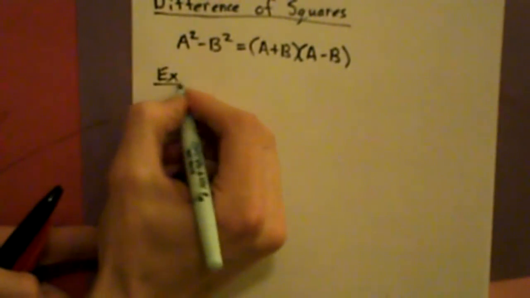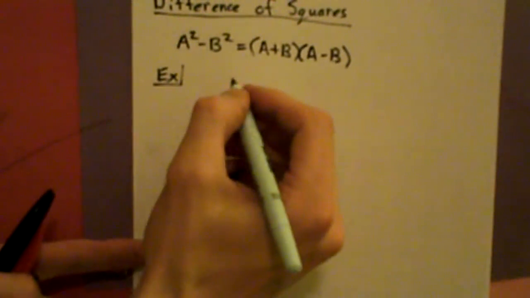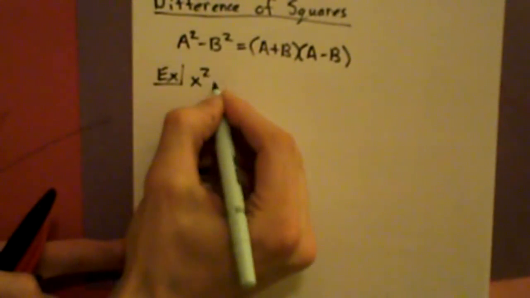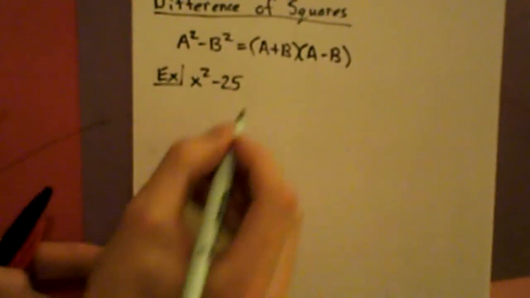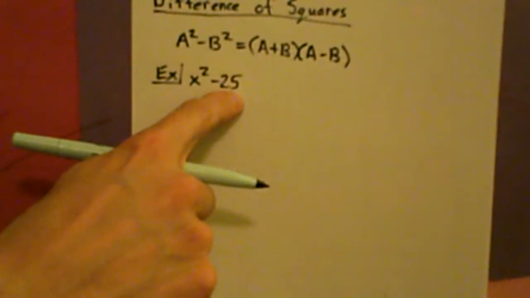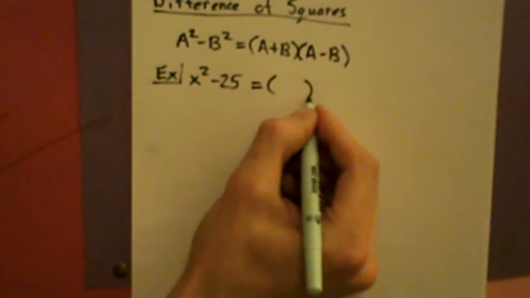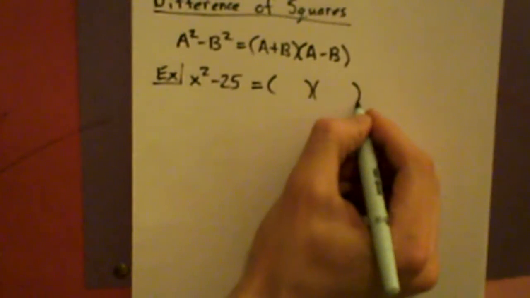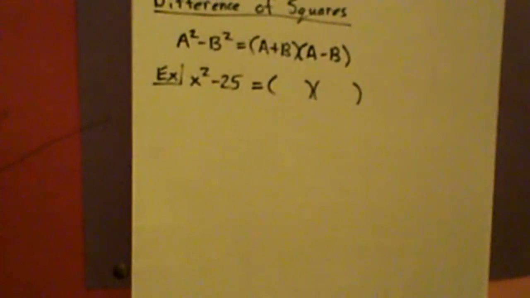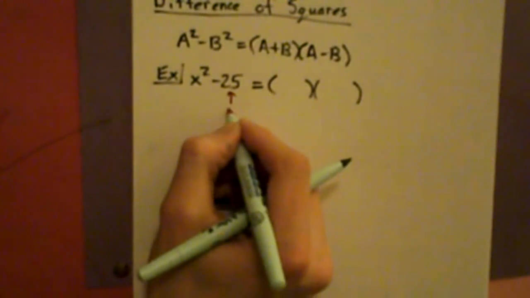Example: if I take x squared minus 25, that's x squared minus 5 squared. That factors into, again, we want to think of 25 as 5 squared.